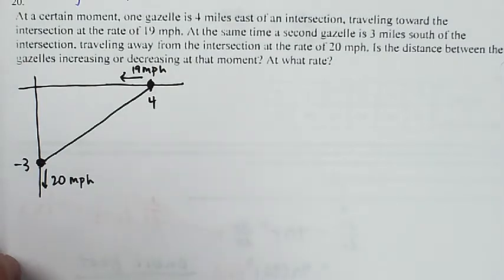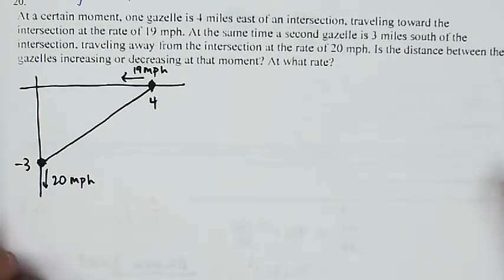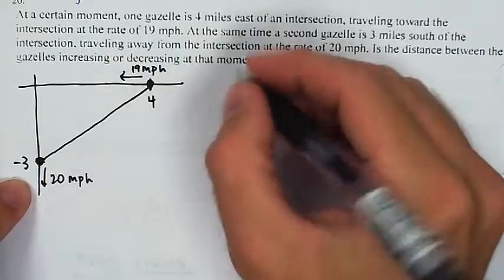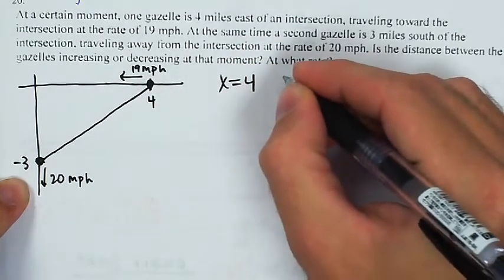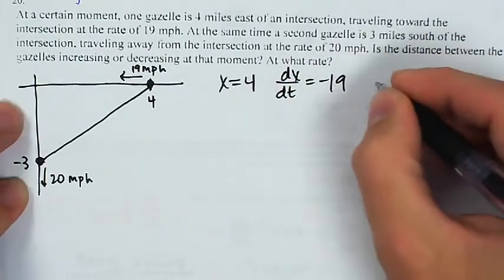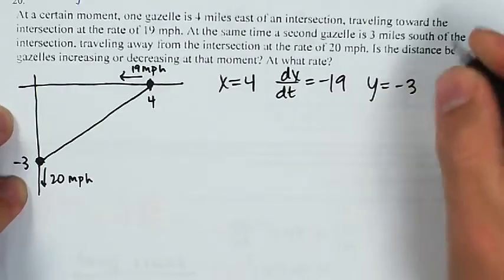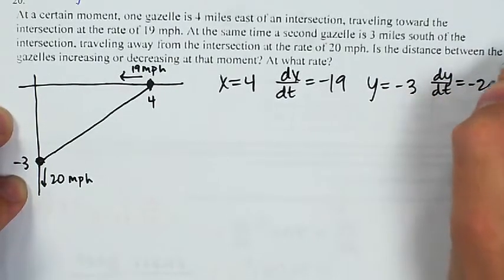I think I'm going to solve this one 2 ways. If you're only interested in the first way or the fastest way, then you can just skip forward in the video. I'm going to say x equals 4, dx/dt is -19, y equals -3, and dy/dt equals -20.